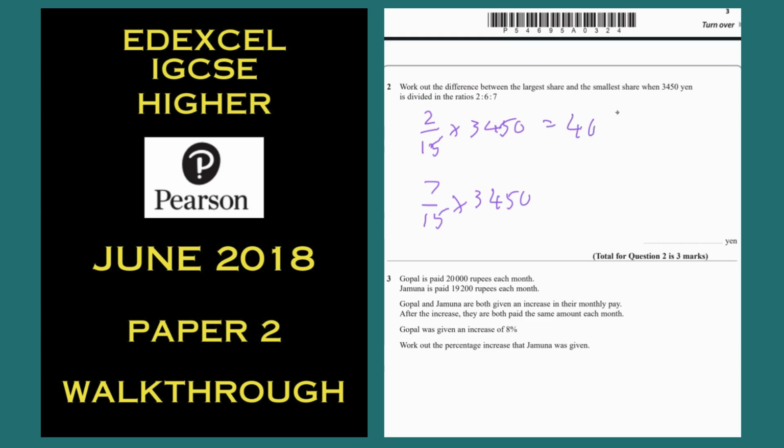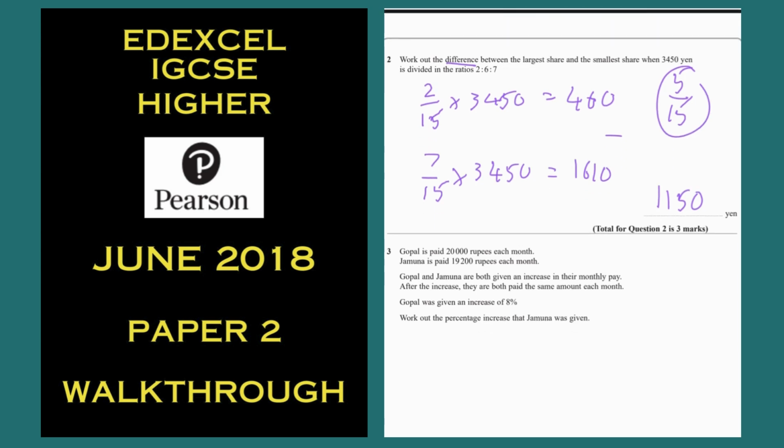So that's 460 and that's 1610, and difference means subtract. So 1610 take away 460, 1150.